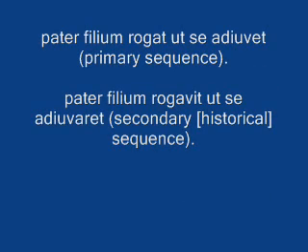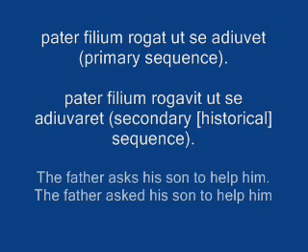You'll see pater filium rogat ut se adiuvet. The father is asking the son to help him. The father is asking the son to help him. Now, if I put that main verb in a past tense, such as the perfect, here the perfect is a little bit more involved, but here it's meant to be past tense.